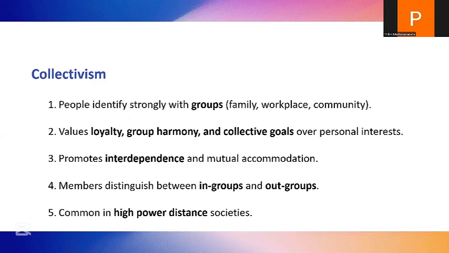So interdependence is there, and also mutual accommodation, and it can be either way, in groups or out groups. So what we can observe here is how studies have already identified that collectivism always promotes high power distance societies.